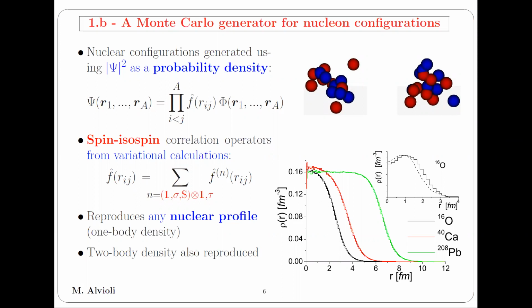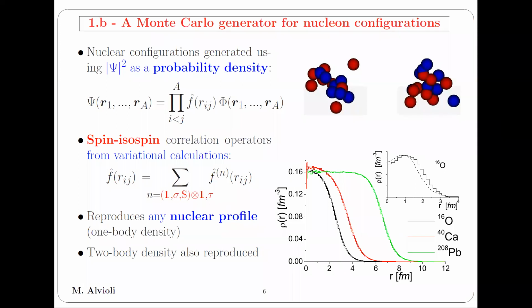The F of r_ij are called correlation functions, and these implement correlations which are neglected in the mean field approximation. We have the product of these functions F, which are functions of the distances between each pair of nucleons in the nucleus. So the product is a bunch of two-particle, or two-point, correlations.